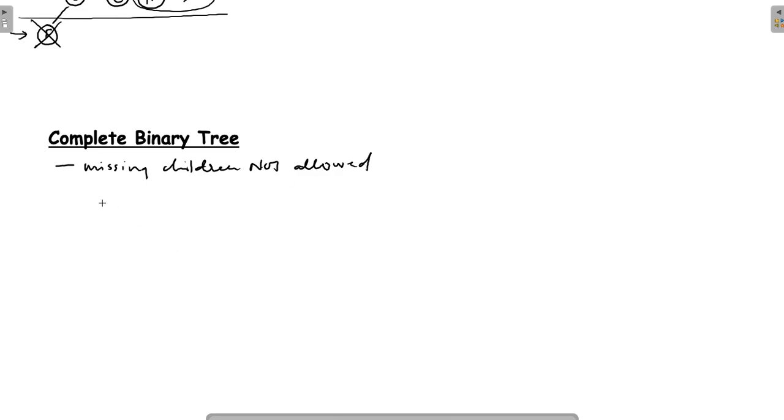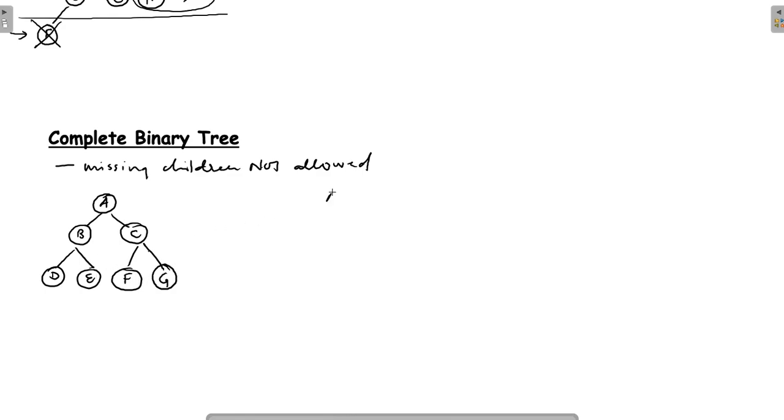Let's say we have a tree node A, then it's a binary tree, so it has a maximum of two children. Okay, we will be having it. Then suppose D, E and F. Now by the definition it is an almost complete binary tree, but it's not a complete binary tree because the right children is missing. So if you add the right node here, then it's a complete binary tree.